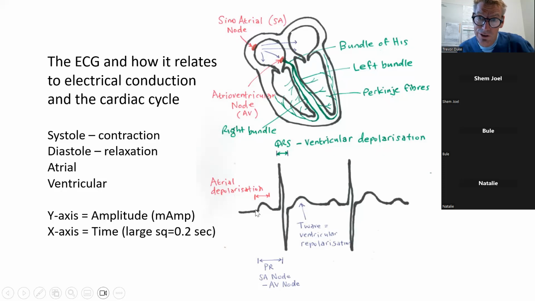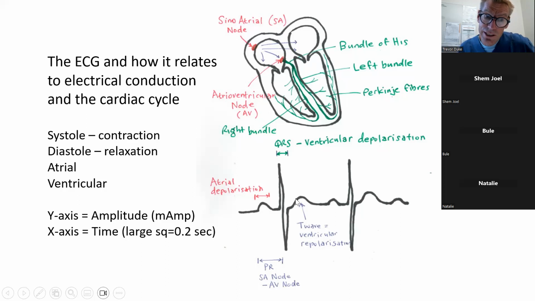When you look at an ECG, there's large squares and small squares. And we have some idea, I'm sure, that a large square is 0.2 milliseconds. So a large square is measured on the x-axis, the axis going this way. A small square is 0.04 milliseconds, because there's 5 small squares to each large square.